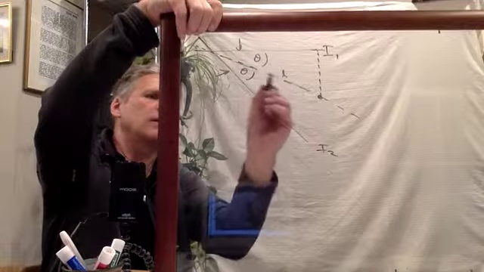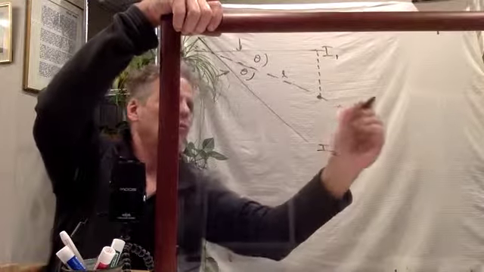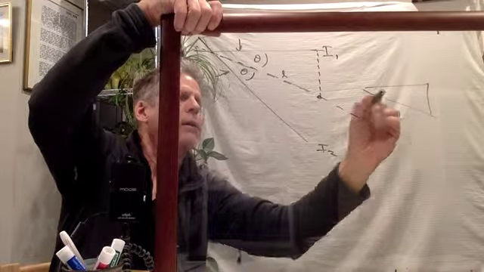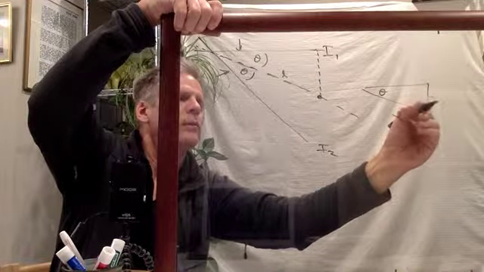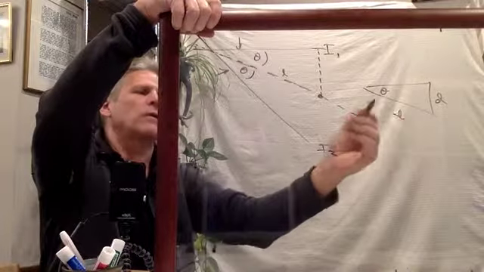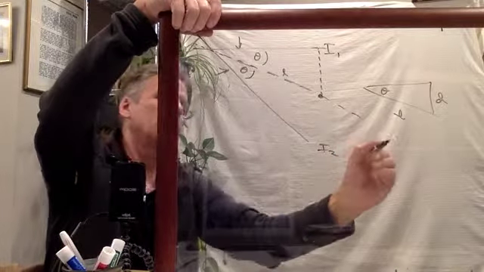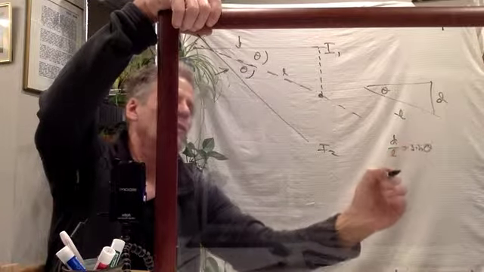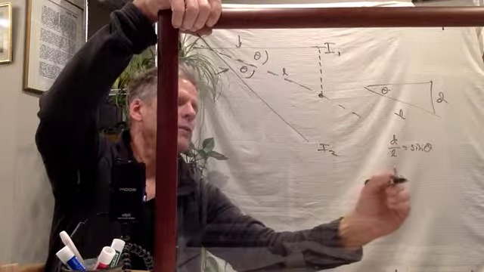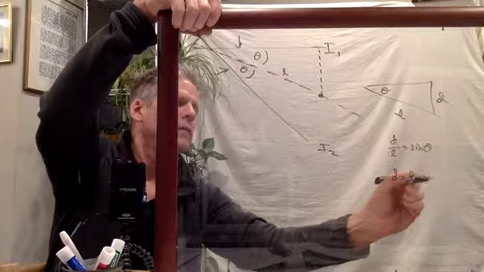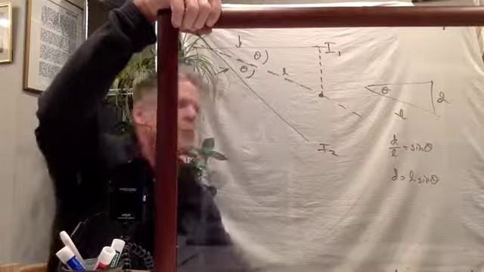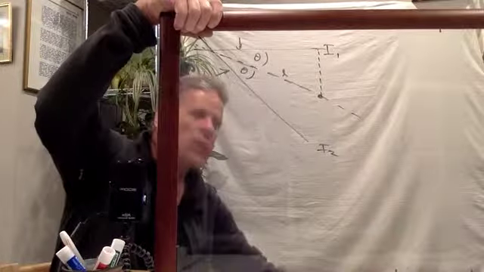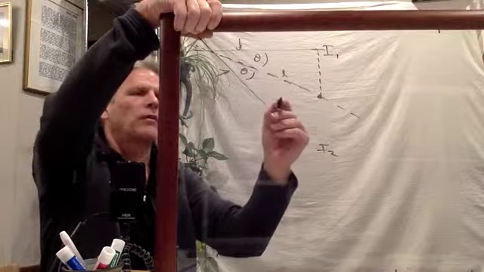Here's the angle theta, here's L, so we have this triangle right here, L, theta, and D. So what is it? Opposite over hypotenuse, D over L equals sine theta, so D equals L sine theta. Okay, so I'm going to erase all this stuff right now.